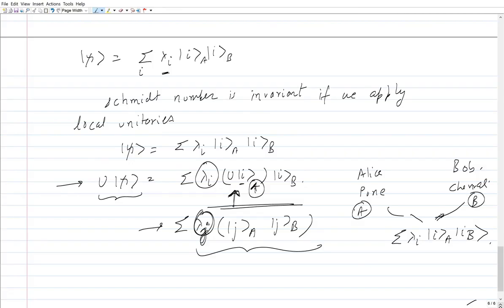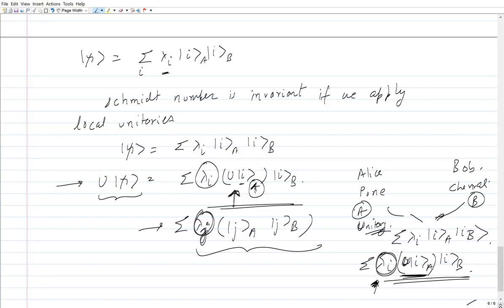Now, Alice can do anything to her system in the sense that she can apply local unitary operations. The state changes, but the Schmidt number of the state doesn't change. Lambda i's would remain the same. I'll have the same number of non-zero Schmidt elements. I'll just relabel my basis over here. So local unitaries won't change the Schmidt number of a state. That is one of the key properties of the Schmidt number.